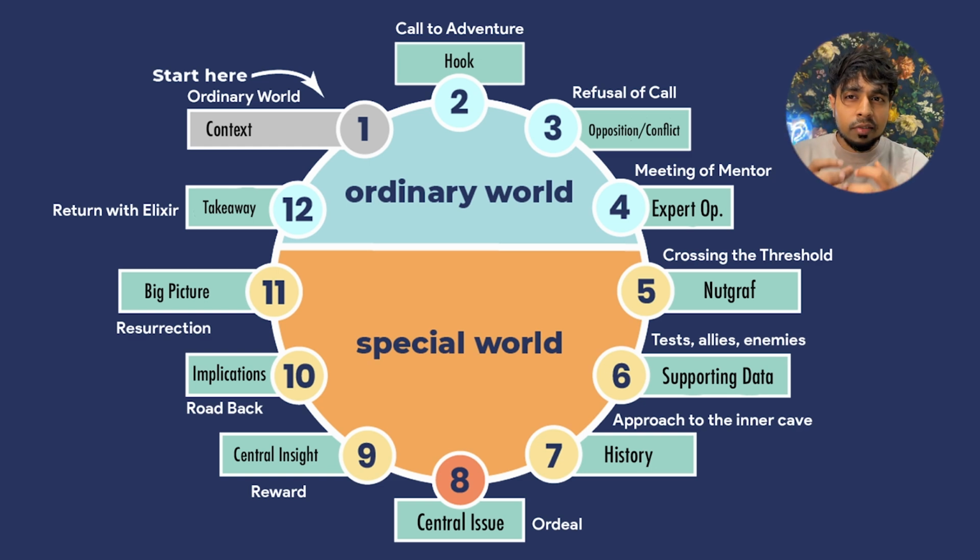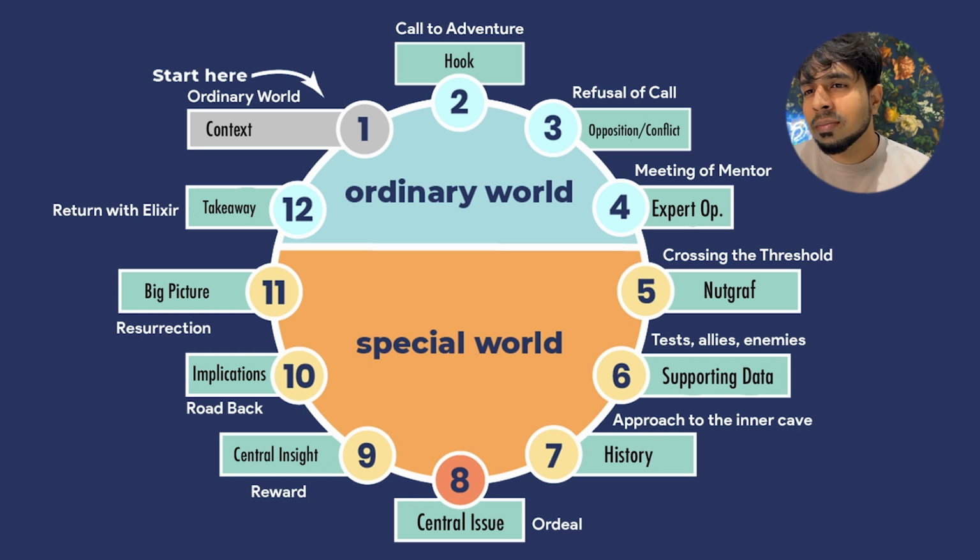Then the crossing of the threshold is where you are talking about the major chunk of what is curious about this case, what exactly led to this. Then you present a sequence of supporting data, you give some brief prehistory. Obviously all of this gets called the body of the story.